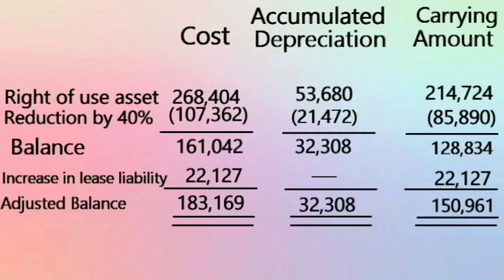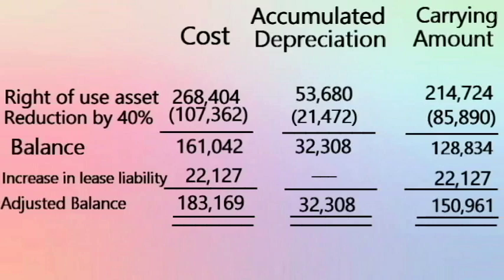So, dito makikita natin yung balance niya since nagkaroon na nga ng reduction. So, 161,042, then 32,208 sa accumulated depreciation, and yung carrying amount or sinabago din which is 128,834 na lang. And hindi pa dun yung final, ayun lang yung balance, pero kailangan pa din natin i-add yung increase in lease liability na nakuha natin kanina sa step 4.